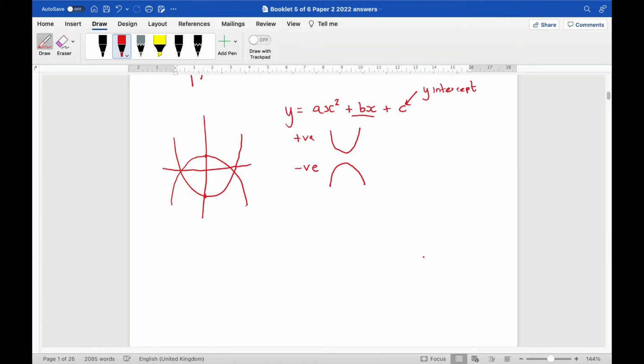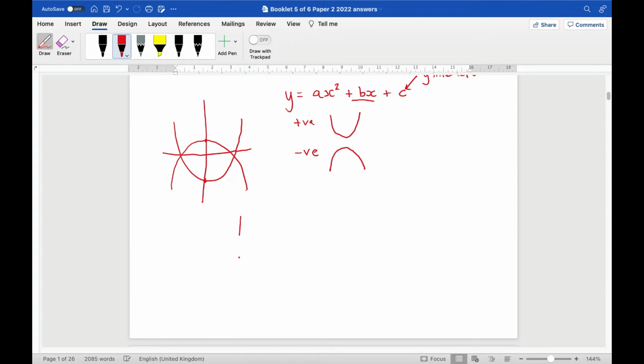And the final type of graph I want you to be aware of is a cubic graph, which bends like a quadratic, but then bends again. All it needs to have to be a cubic is an amount, this time, not of x squareds, but of x cubed.